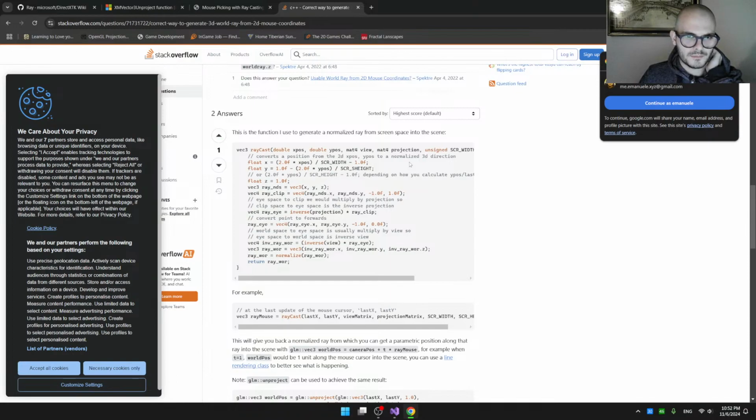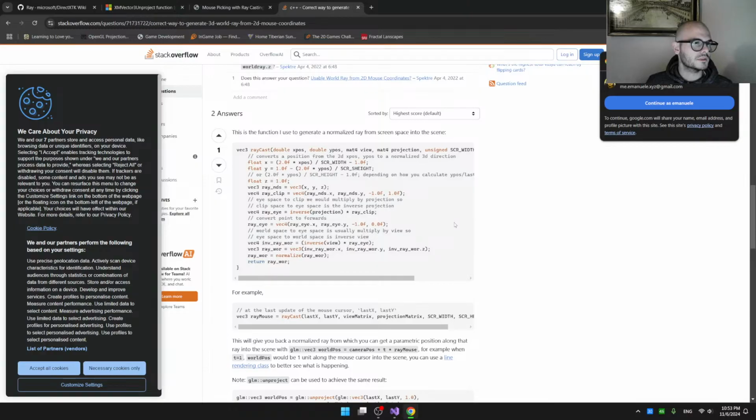And we have, maybe it's doing something here, because the projection matrix outputs what? Does it output screen coordinates?